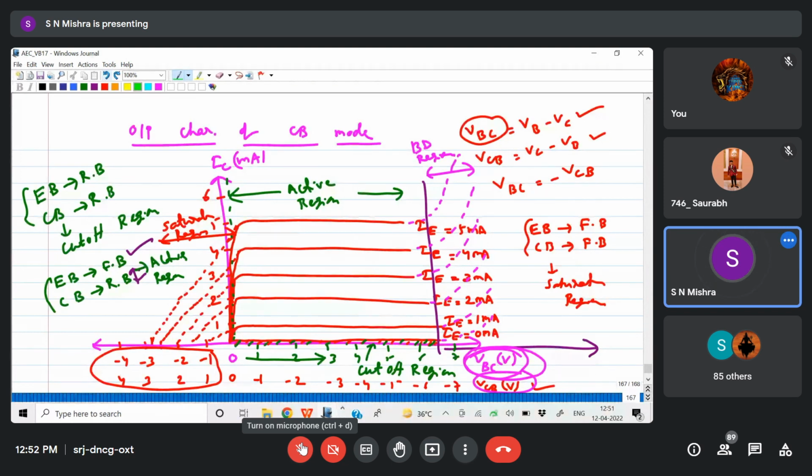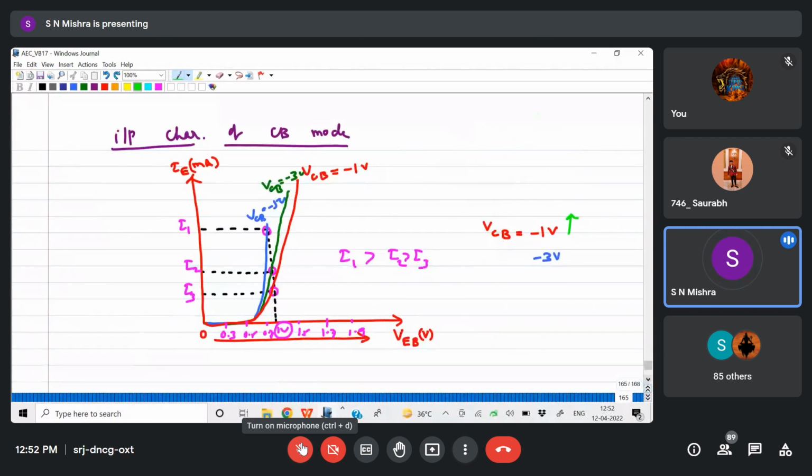And you have to explain what is base width modulation, why, like in the input characteristic we have seen, when VCB increases, then IE increases. So what is the reason? Like I have explained here, base width modulation, and due to that the IE current increases; you have to explain.